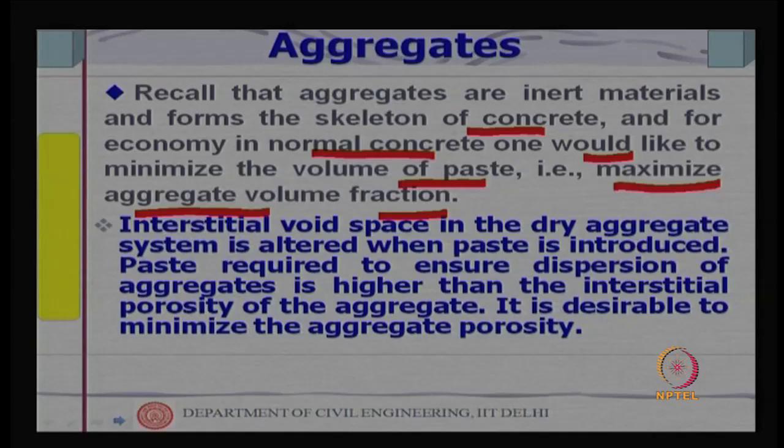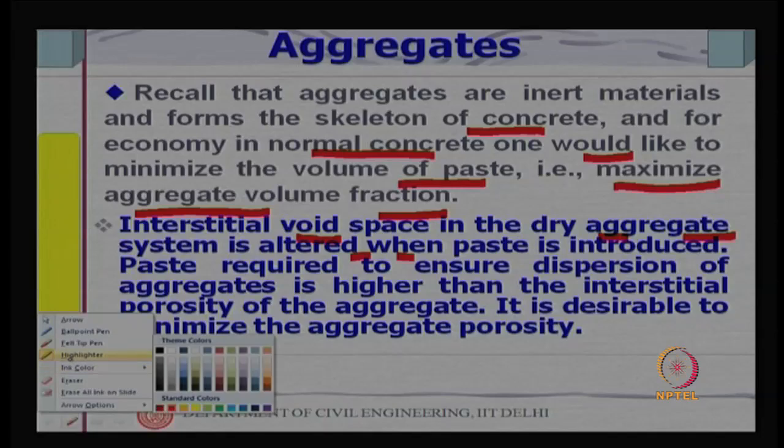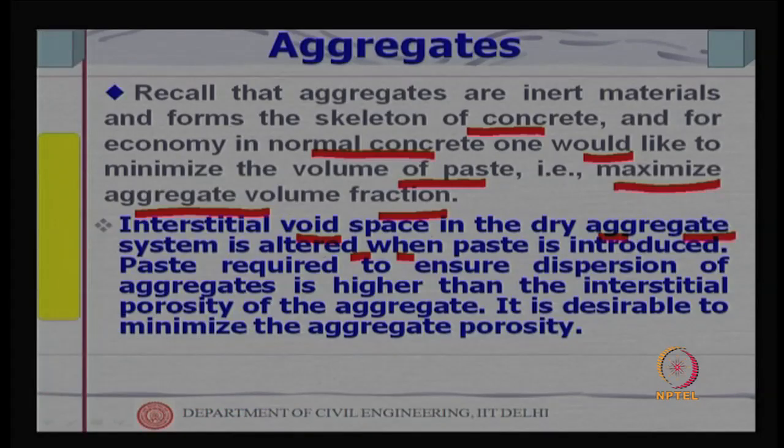Now, where does paste go? Paste actually goes into the interstitial void space of aggregate. Interstitial void space in the dry aggregate system contains paste, and when one mixes them together, there is an alteration of the space.